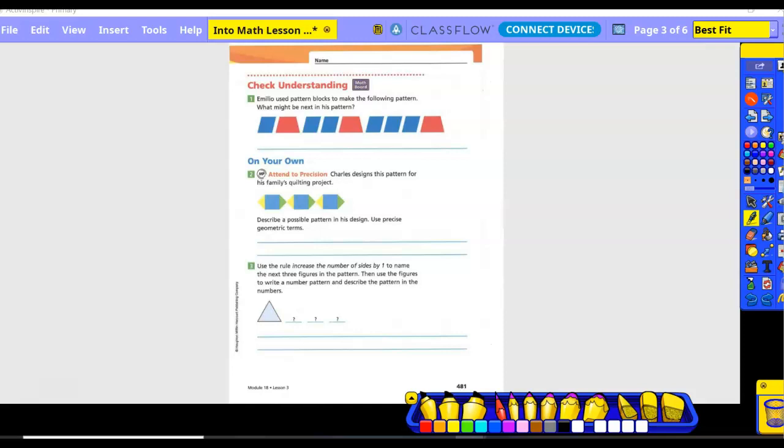4 parallelograms. And then try to make them as congruent as you can be. Okay. And then a what, guys? A trapezoid, right?